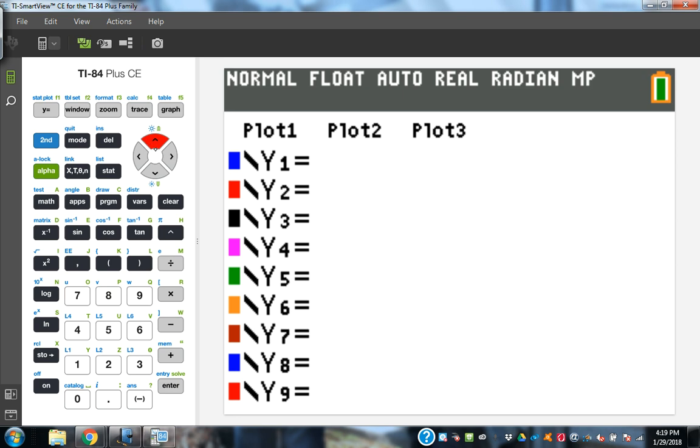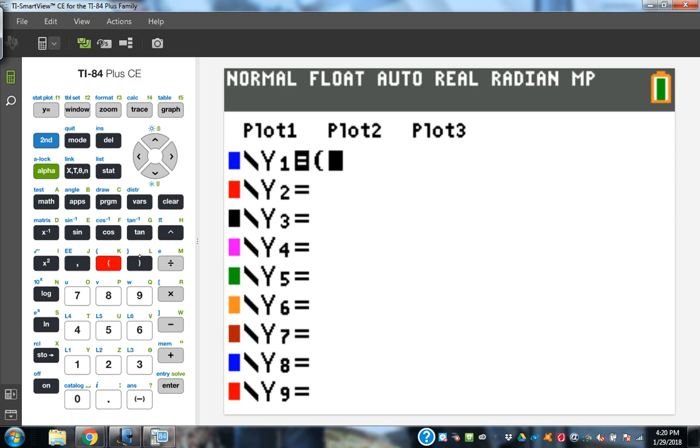With this, you're going to have 3 separate graphs. y1 is going to be part A, y2 is part B, y3 is part C, okay? And what you want to do there is put each function in parentheses. So I'm going to start with part A, and I'm going to put in parentheses 3x plus 2, close the parentheses.